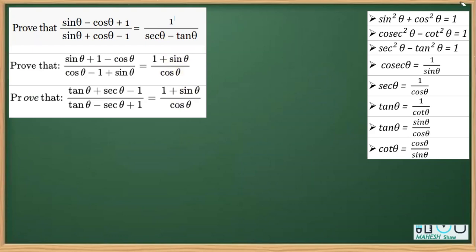Let's say I begin with the first one here. Now we can see that we need our RHS in terms of sec and tan. So we'll be converting these sine and cos in terms of sec and tan. And how is it possible?